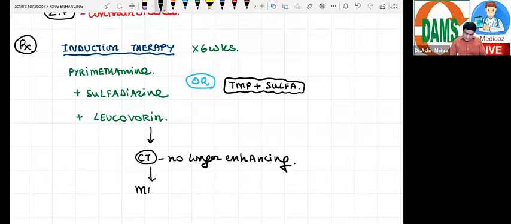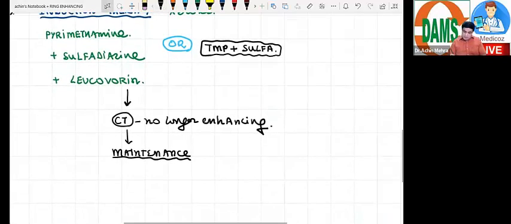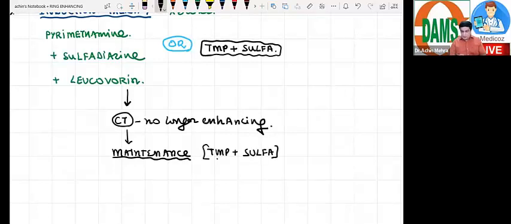Then in that case, I like to offer my patient a maintenance therapy of the same drug, trimethoprim-sulfamethoxazole. How long should I give the maintenance therapy? Until the CD4 count is above 200. If it goes above 200, they're at a lesser risk of having this trouble.